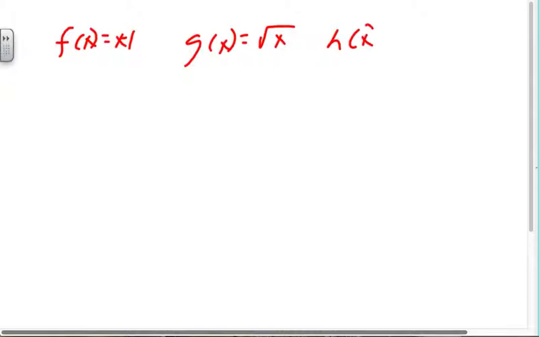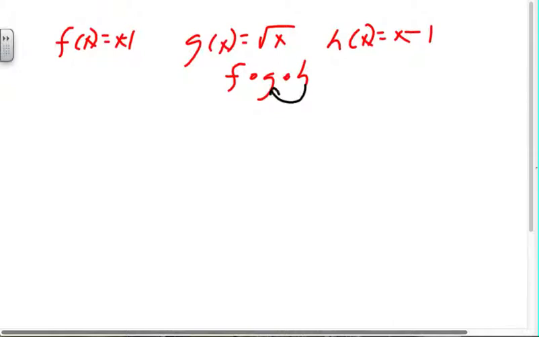So what are we going to do if we get a mess like this? I'm compositing 3 different functions. The rules didn't change.